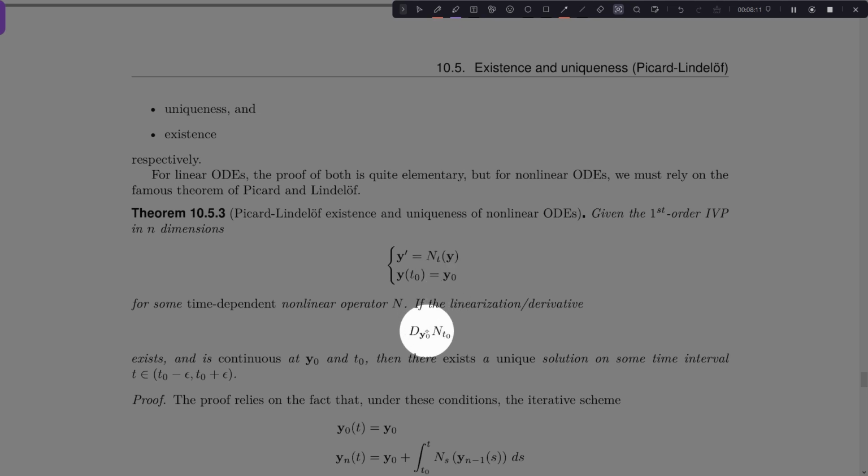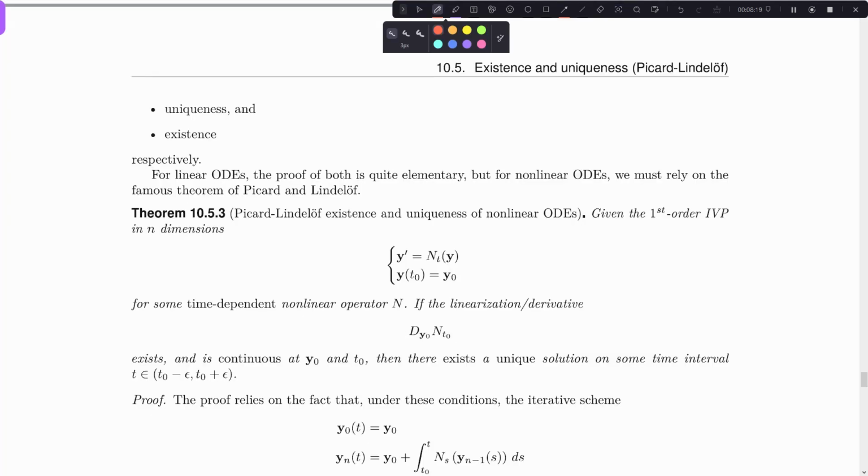If I can compute the linearization or derivative, however you want to interpret that, of my nonlinear operator at the initial condition, right? So notice that the y0 is derivative at y0, and the time is at t0, and those are both the entries of my initial condition.